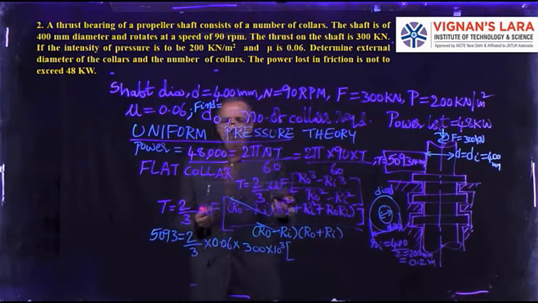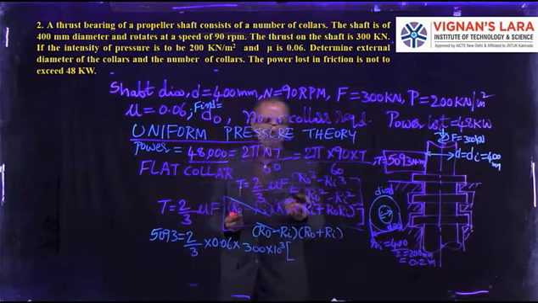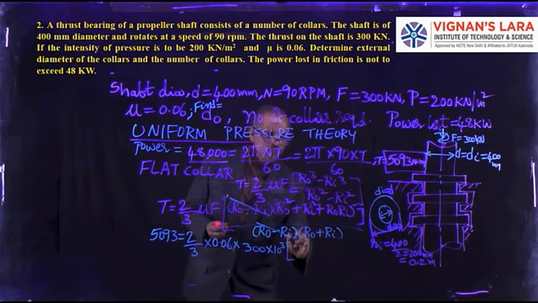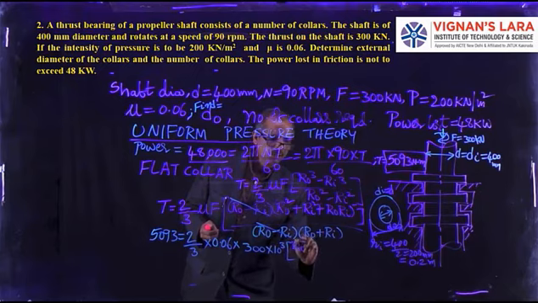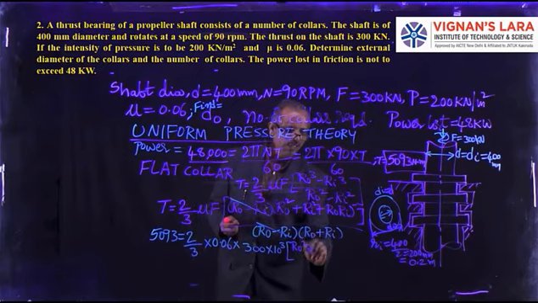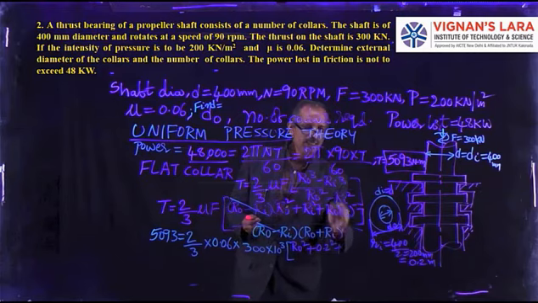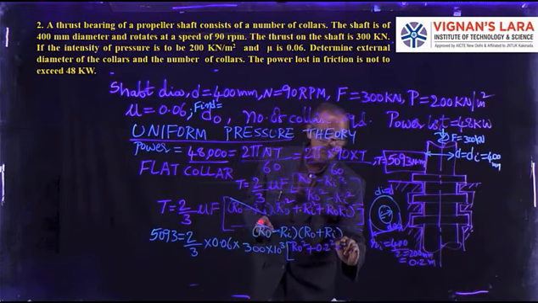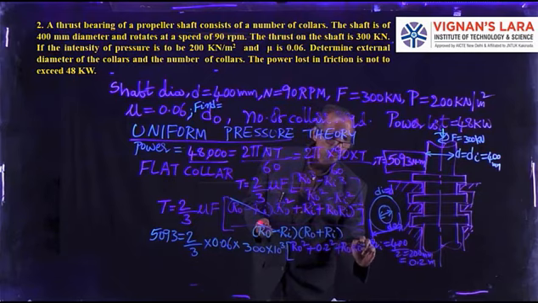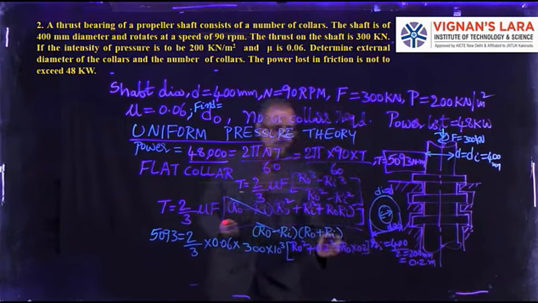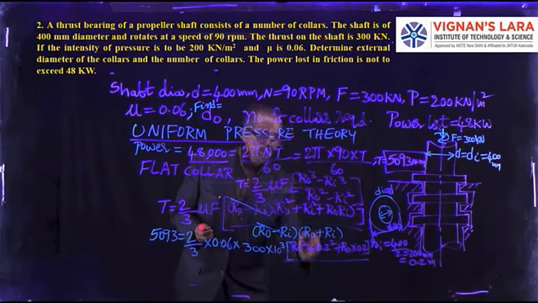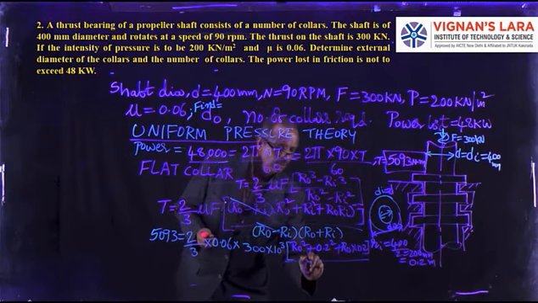I don't have only the value of R0. So I will write R0 square. What is R0 square? Simply R0 square plus Ri square, that is 0.2 square plus R0 Ri, so this is R0 into 0.2 over R0 plus Ri.